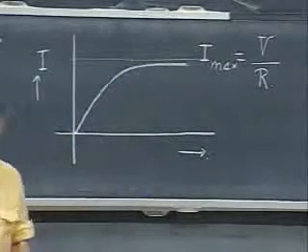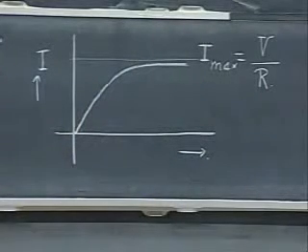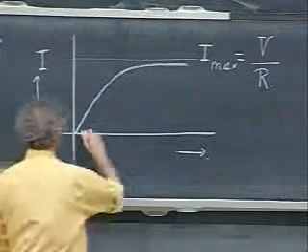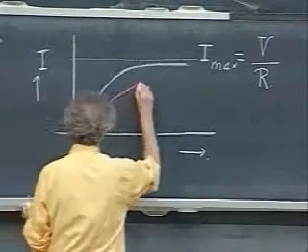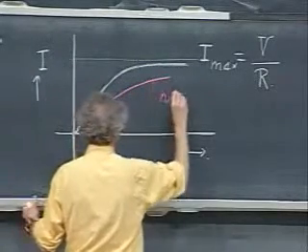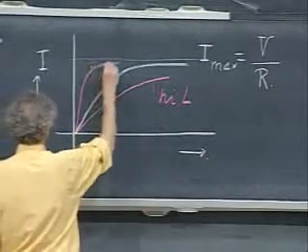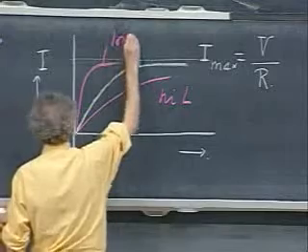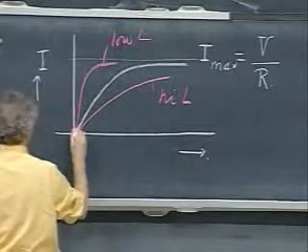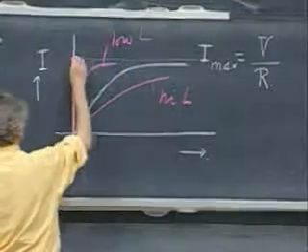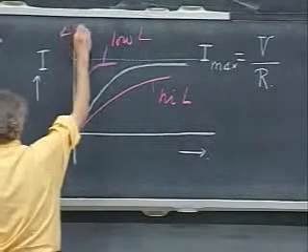And how slowly depends on the value of the self-inductance. If the self-inductance is very high, it might climb up like this, so this is a high value for L. If the self-inductance is very low, then this is a low value for L. If the self-inductance were 0, it would come up instantaneously.